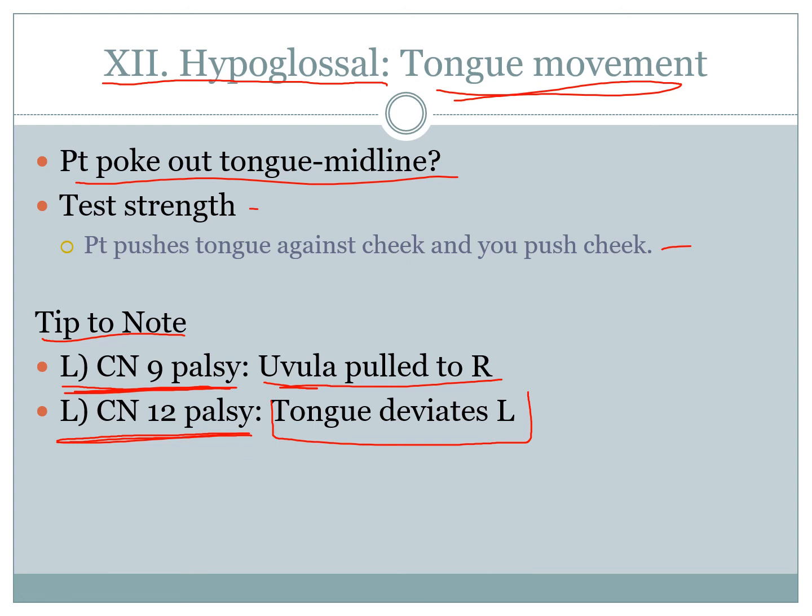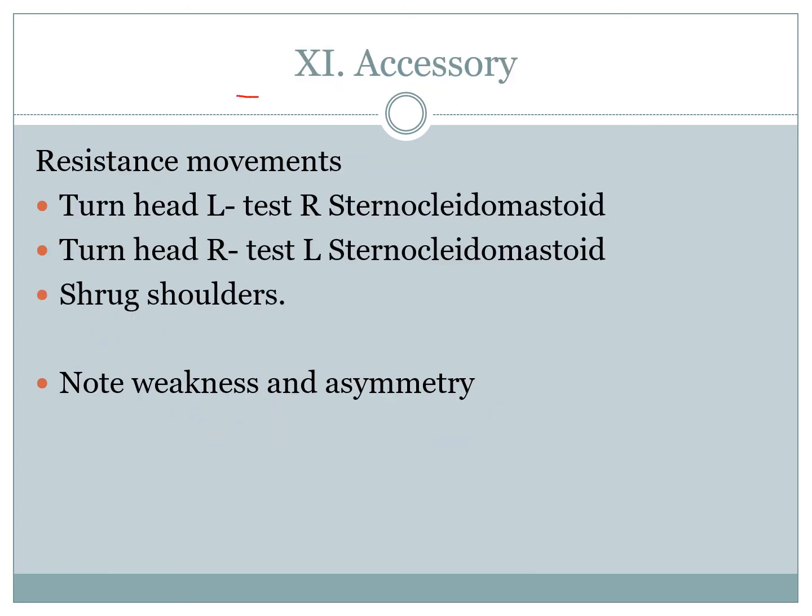And the last one, cranial nerve 11, your accessory. This is a very simple test. You're testing resisted movements of your sternocleidomastoid and accessory muscles. You simply get the person to turn to the extreme left under resistance and then turn to the right under resistance. Resistance can be simply your hand on their face.